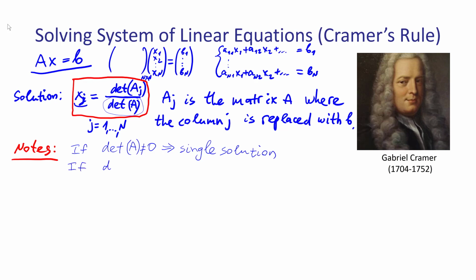Note 2: if the determinant of A equals 0 and for all j the determinant of Aj is not equal to 0, which means you have something which is not 0 divided by something which is 0, there is no solution.